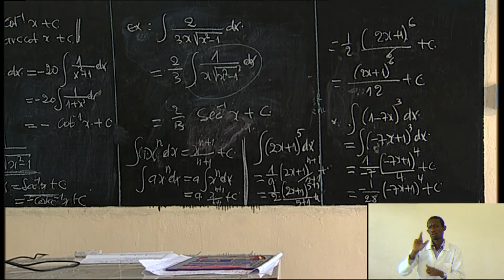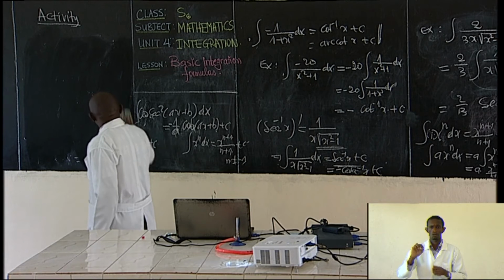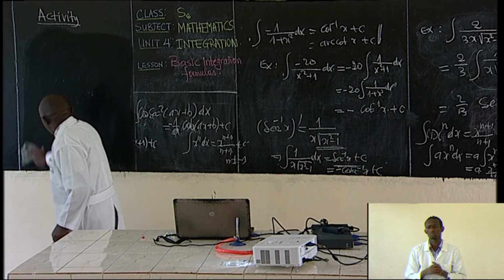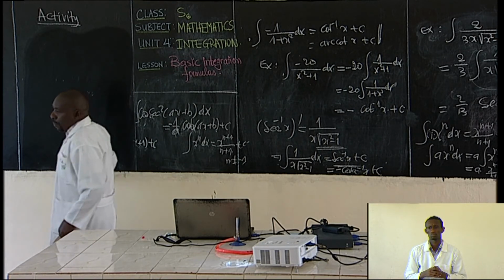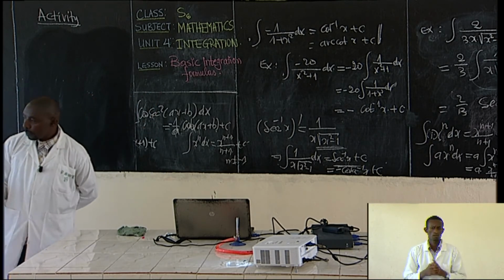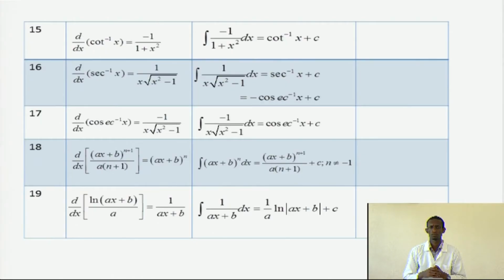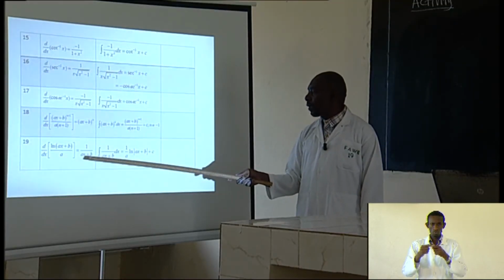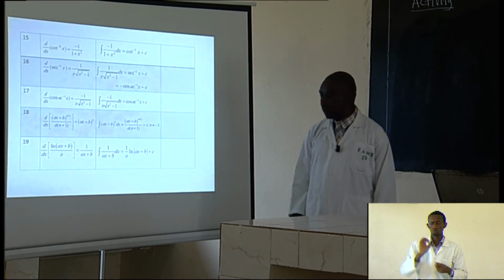It's the same. We have the other formula, which is related to the derivative of the ln function. Remember that when you have ln of ax plus b, this is a linear function, divided by a, the derivative of this function will give you 1 divided by ax plus b.